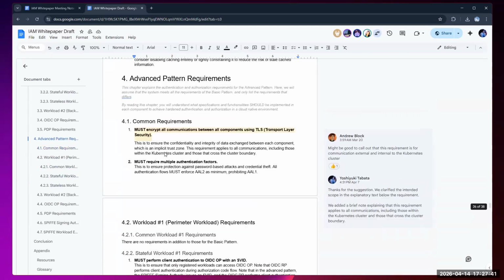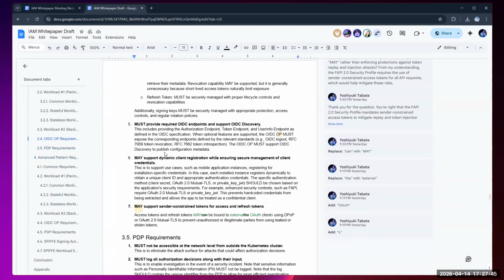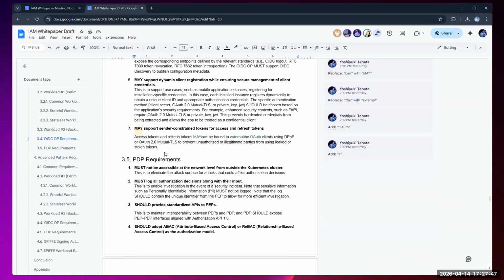And also, this sender-constrained token is not a variable. Only the OIDC OP issues that token.